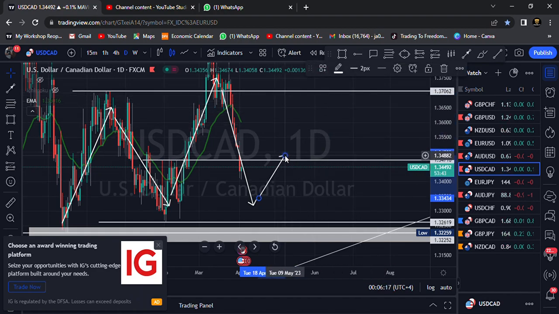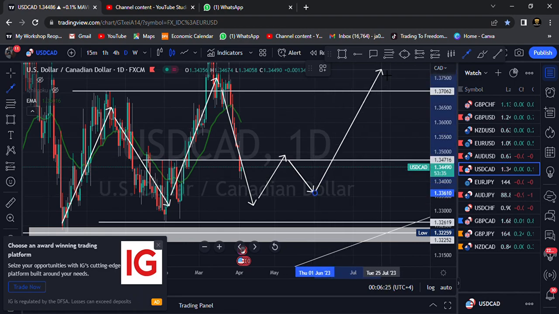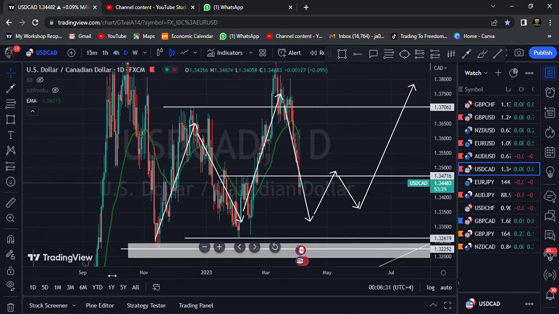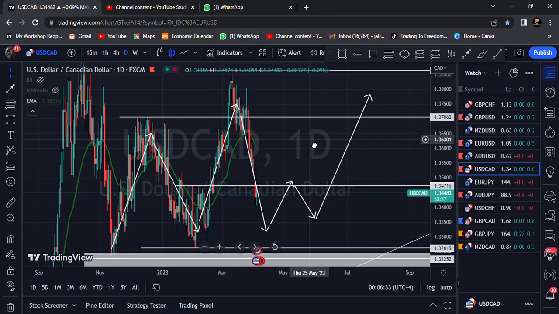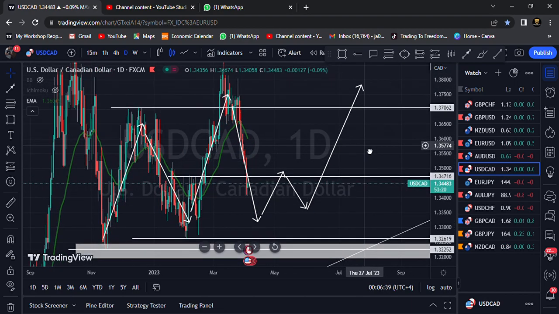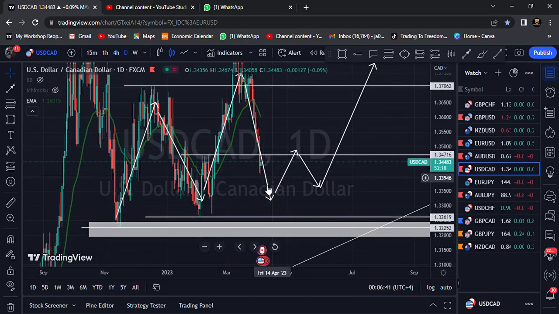It will do something like this. Yeah, this is how it does usually. Then it continues to go up. So this is actually what we are hoping the market can do, but this we have to wait for the market to come to us as usual.